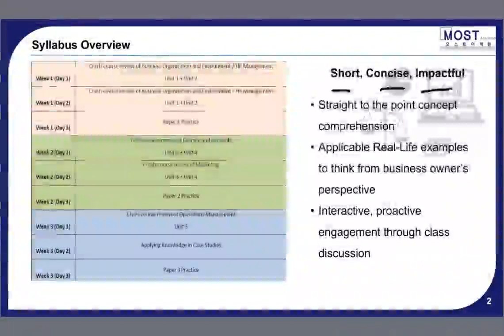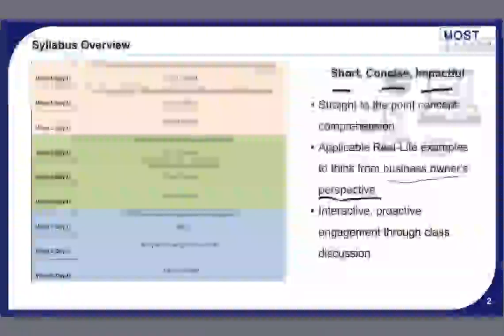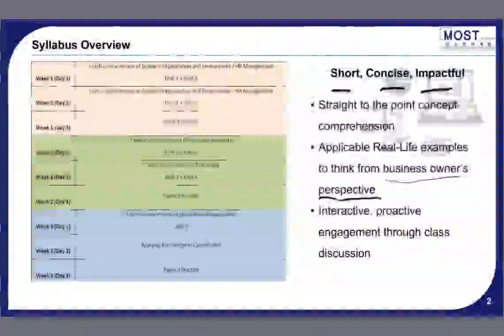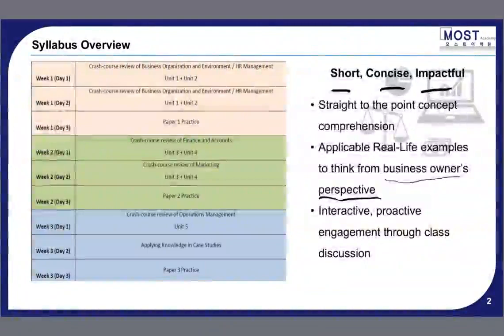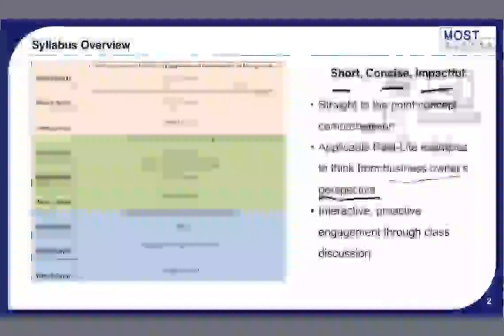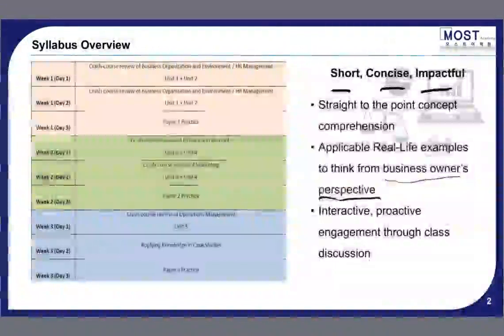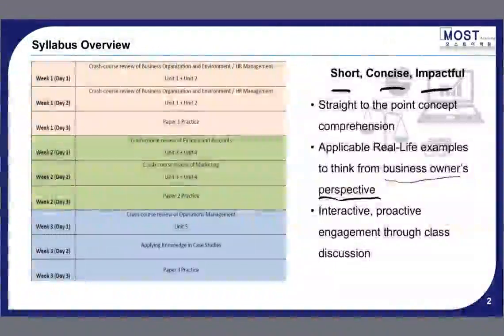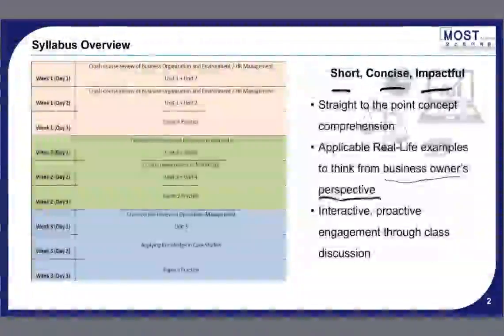This is very important, because a lot of the concepts that we cover here, including organizational structure and environment, the finance and accounts unit, and the HR unit, require you to think from a specific business, most likely owner's, perspective, to understand how to efficiently operate a business or a company.